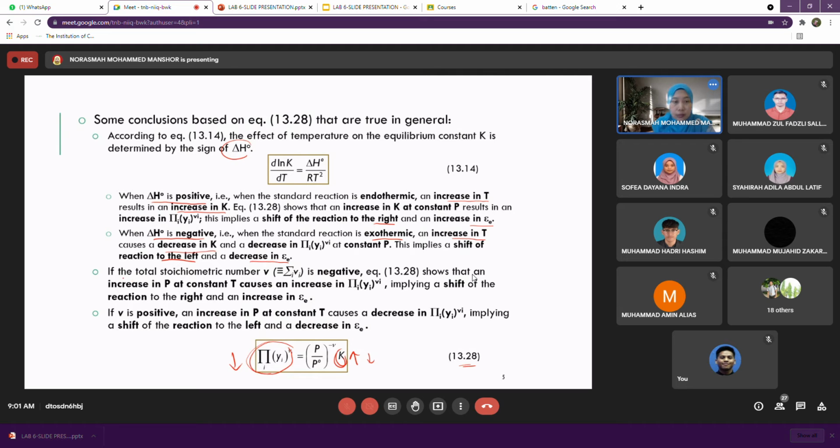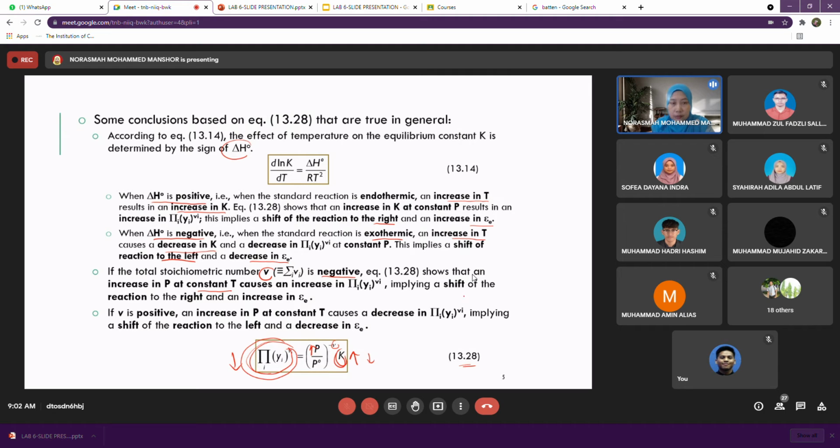If the total stoichiometric number V, which is a summation of Vi, is negative, this one is negative. When P is increased at constant T, because this is negative, yang ni jadi yang kuasa ni jadi positif, so this will increase the value of this one.